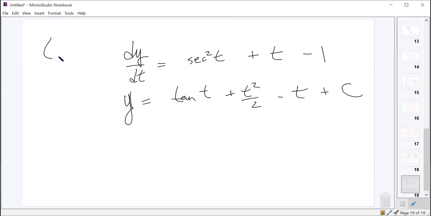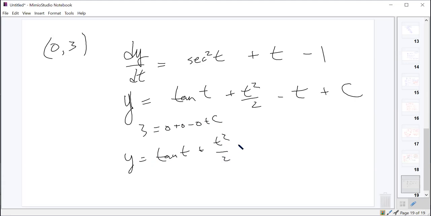They might have given us an initial condition that when t was 0, the y value was 3. So we'd have 3 equals 0 plus 0 minus 0 plus c. We get the function y equals tangent t plus t squared over 2 minus t plus 3.